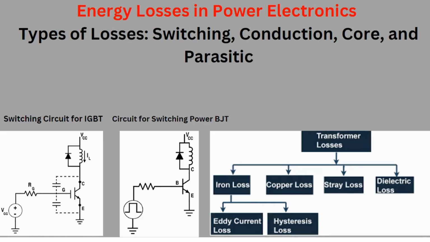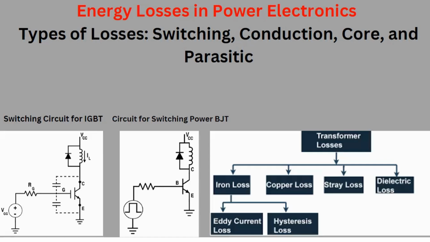If I had used an IGBT instead, I could have reduced the power losses. So this is a small example between a transistor and an IGBT, of which will be better for my power losses.